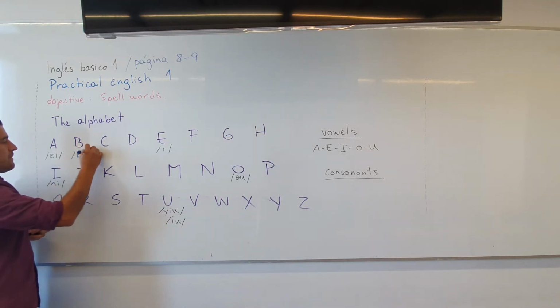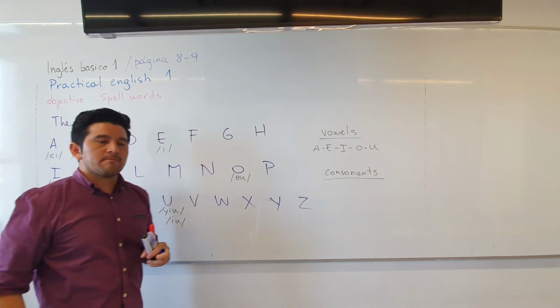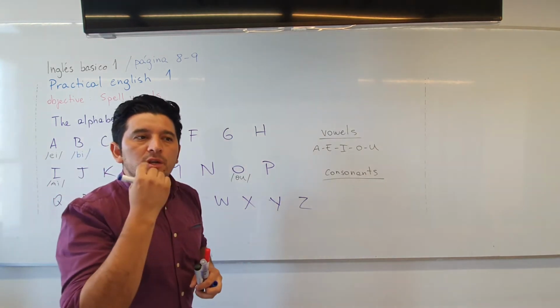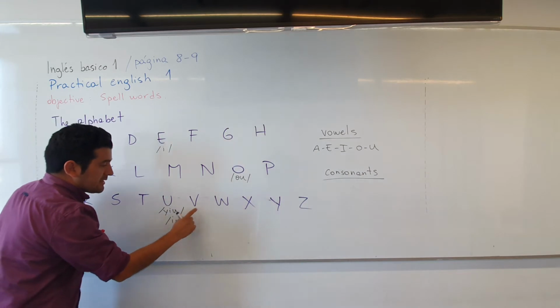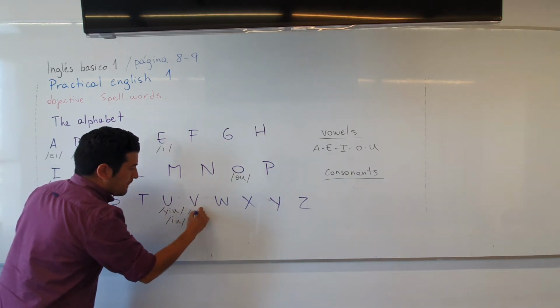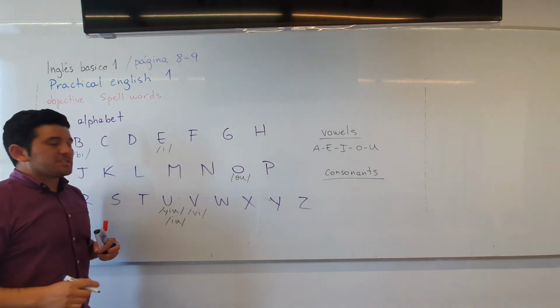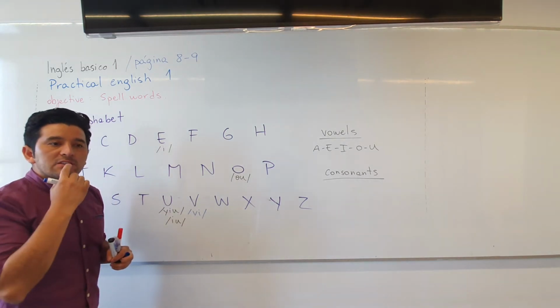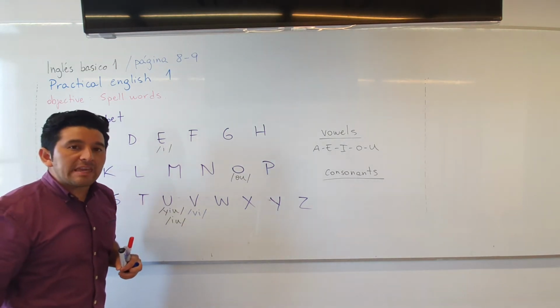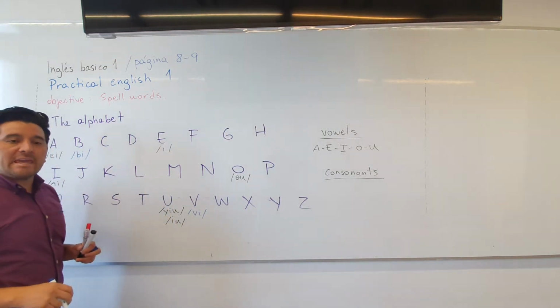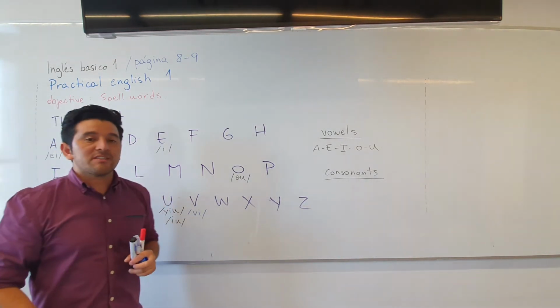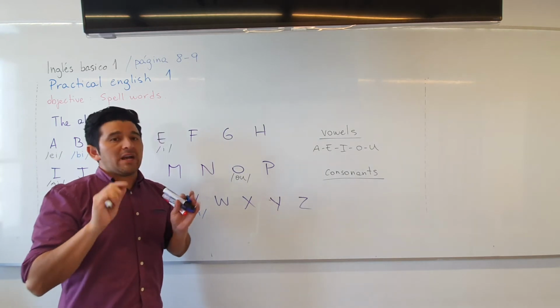We have B, with your lips. B. It is different than this one, that in this case is V. Look at this part. V. So you know it's different. Here we have B, and this one is V. A little bit different.